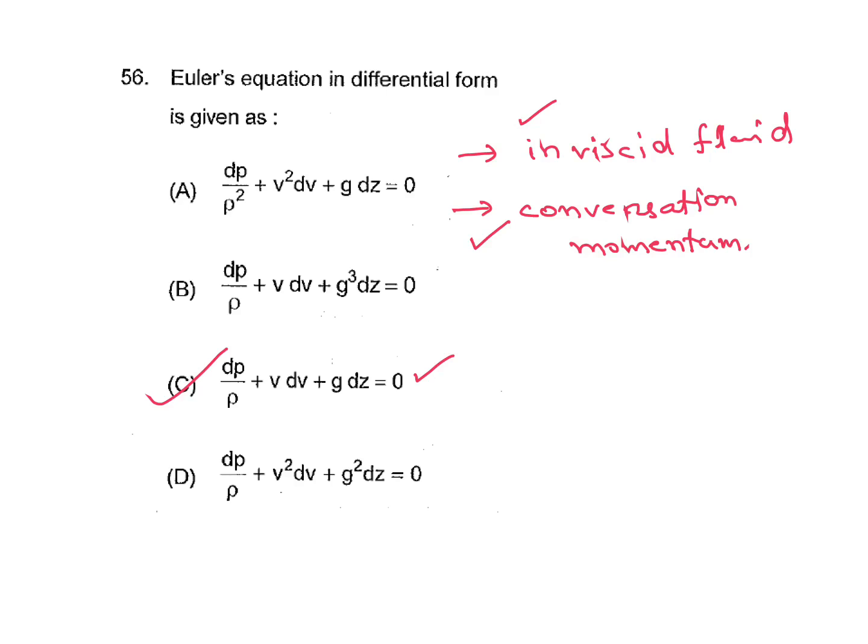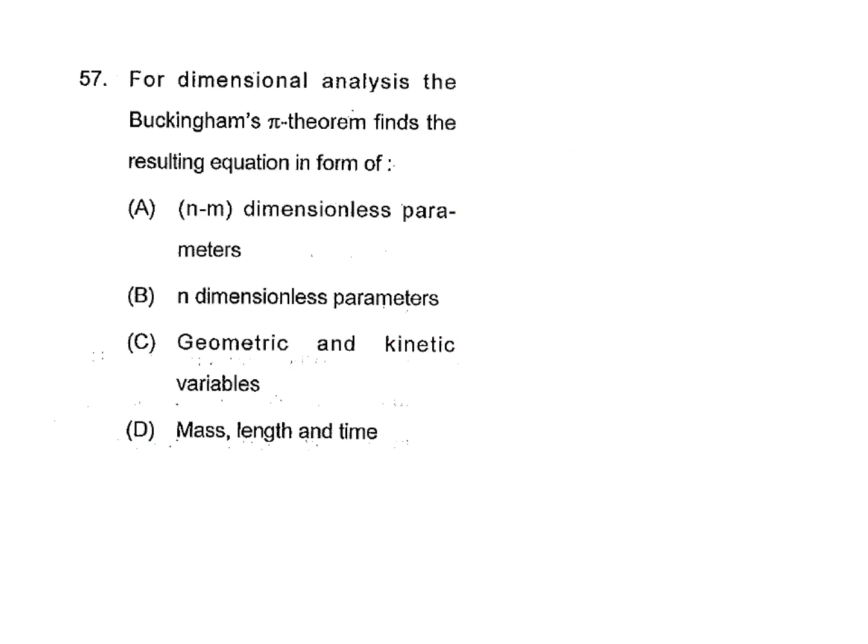For dimensional analysis, the Buckingham pi theorem finds the resulting equation in the form of, here n represents variables, and m represents fundamental dimensions.